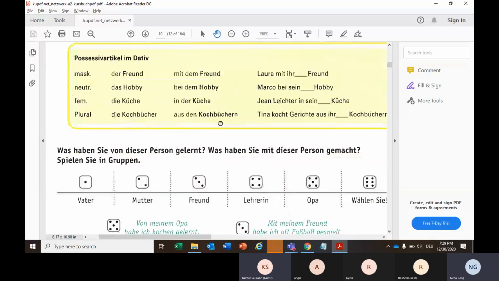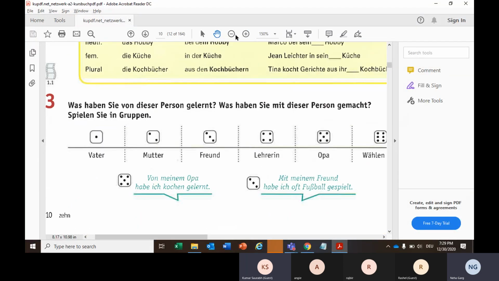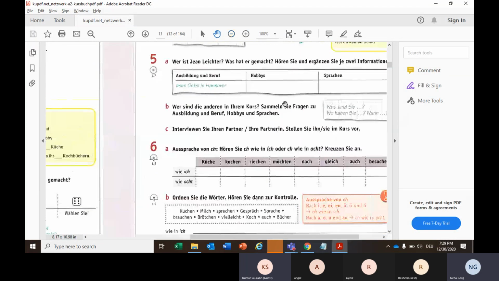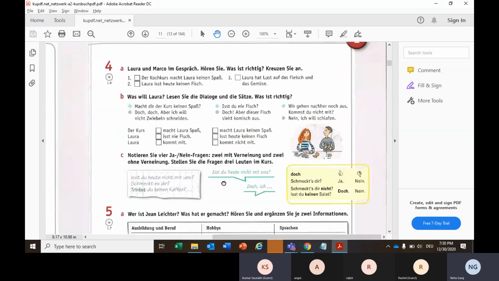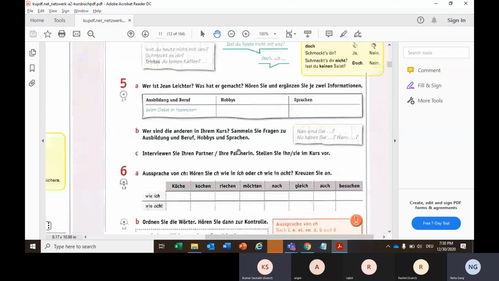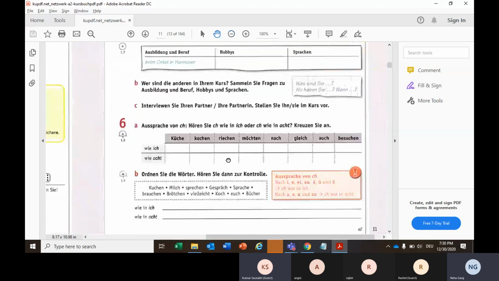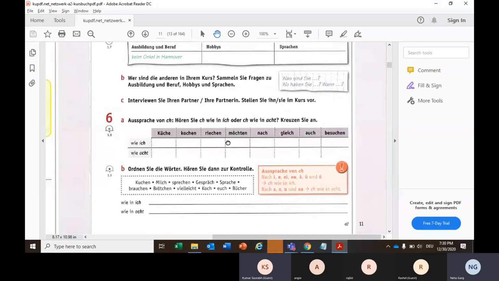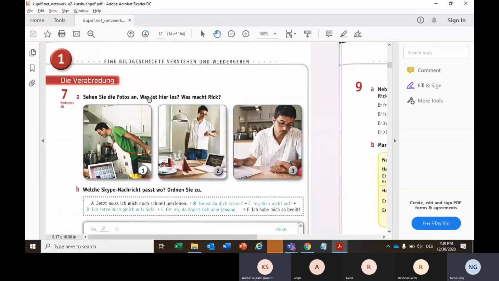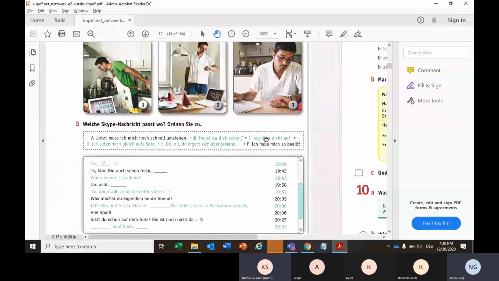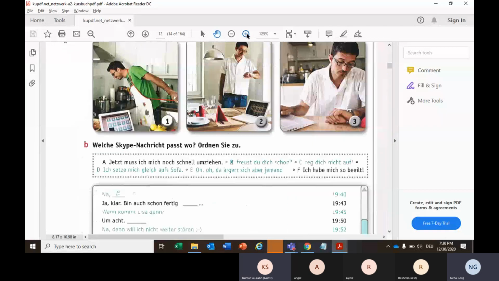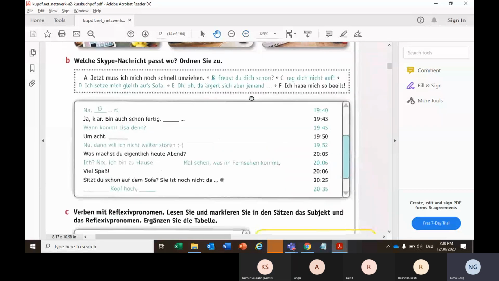Okay, now so here we have one quick exercise.